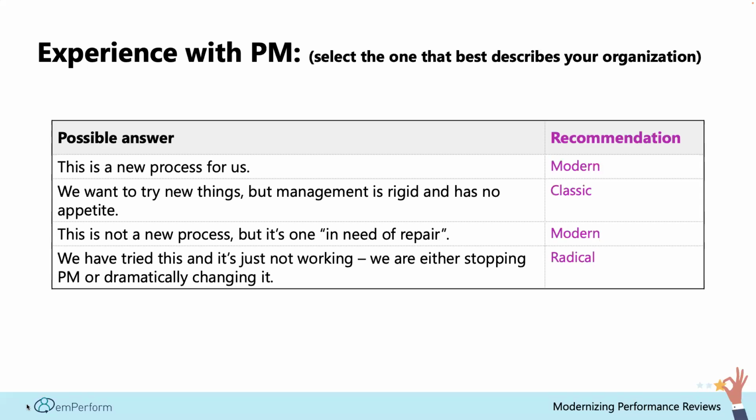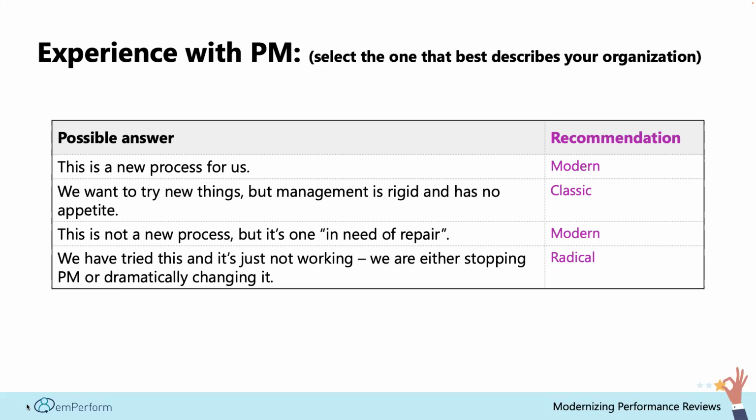And the answers in this scenario would be that if it's a new process for us, we're going to default to the modern process. We know that's very successful. Obviously, that's the basis of the presentation today. If we want to try new things, but management's really rigid and doesn't really have an appetite for it, then we think classic fits, and we think classic can work there.